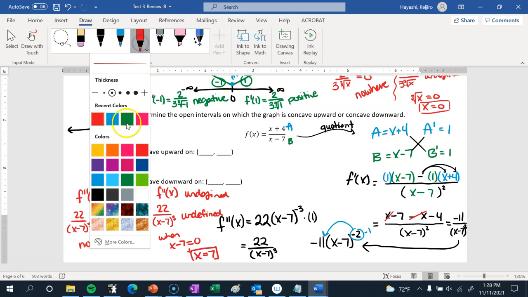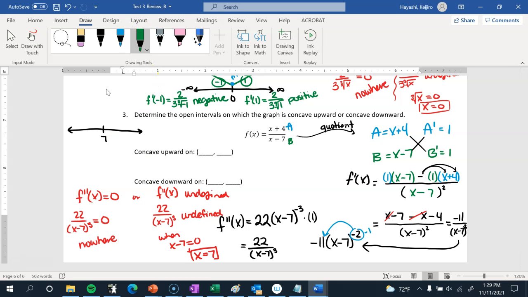And so you just have to check the concavity to the left, maybe at 6, and the concavity to the right at 8, maybe, by plugging 6 and 8 into f double prime.